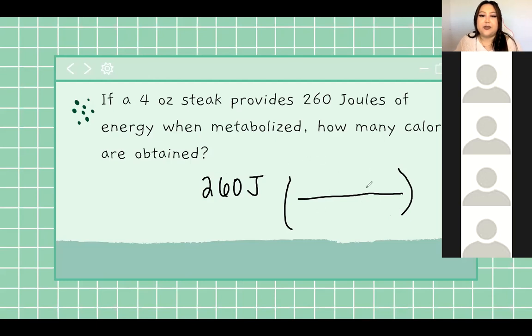We would set up the conversion factor. Would the 4.184 joules be on the bottom or the top? Bottom, yeah. 4.184 joules per 1 cal. Since it's on the bottom, we would divide, and the joules cancel out. So 260 divided by 4.184. Can anyone tell me what that equals?